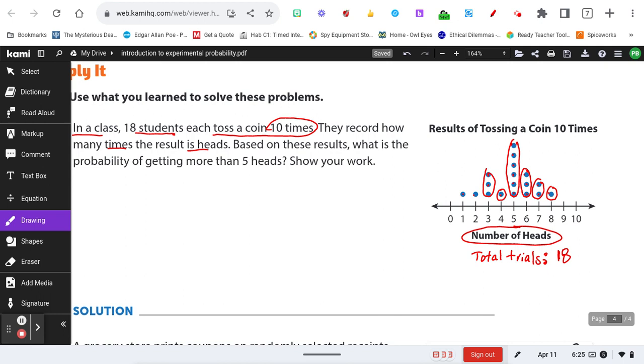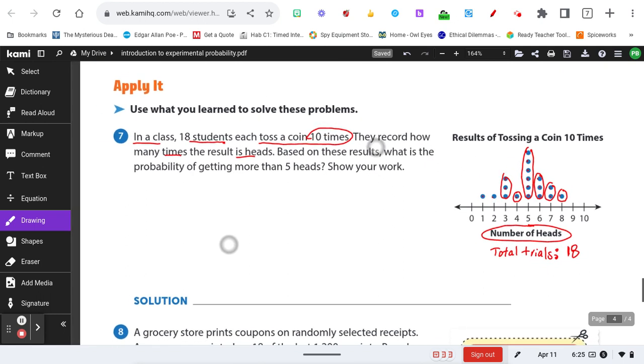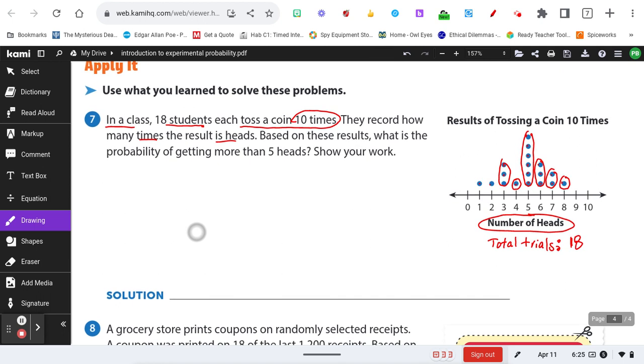Now, if I were just doing this for one student, there would be 10 trials. But I'm not looking at just one student. I'm looking at it for all 18. So I'm looking at how many times each student landed on heads.